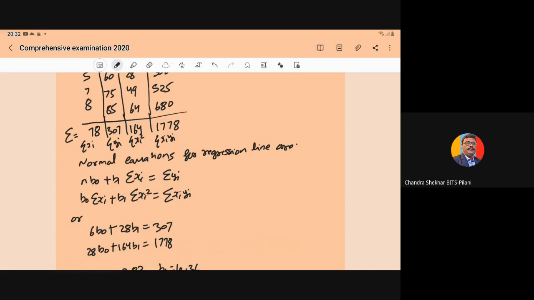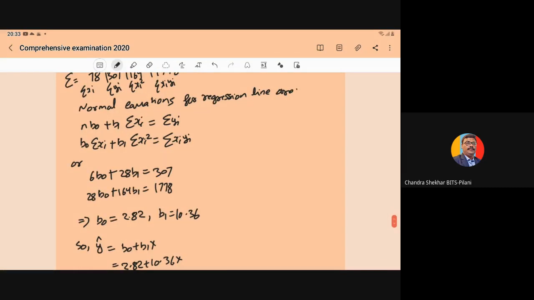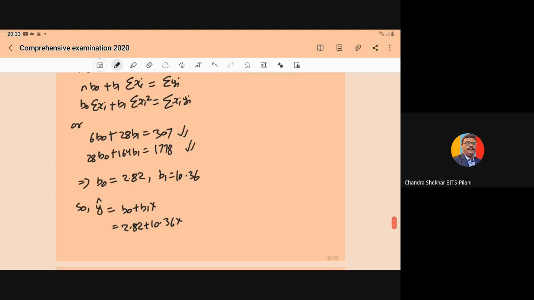So just put n is equal to 6, summation xi is equal to 78, summation xi square is equal to 164, summation yi is equal to 307, summation of xi yi is equal to 1778. So here we have the system of equations, with b naught and b1 as unknowns. On solving the system of equations, b naught will come 2.82, b1 will come 10.36.